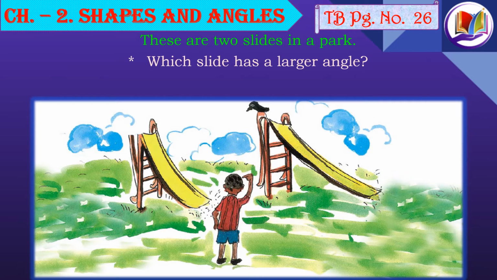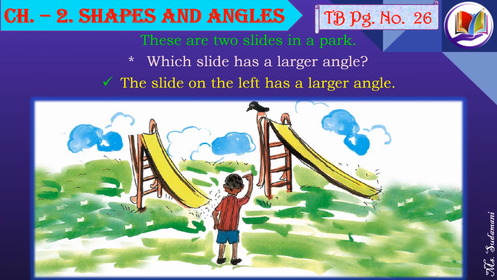And longer the slide, smaller will be its angle. But shorter the slide, the angle would be larger. So, well, very good. The angle of the slide on the left side is larger than that one on the right side.